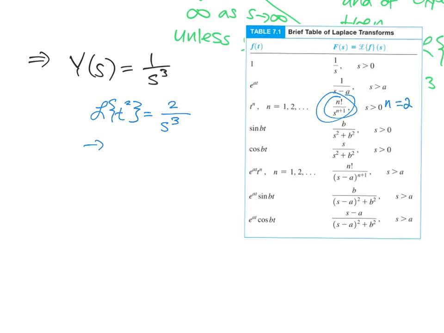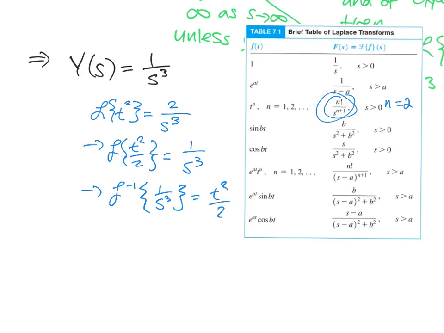So that means that if we get rid of that 2 over there, we get Laplace of t squared over 2 equals 1 over s cubed. And so that means that the Laplace inverse of 1 over s cubed equals t squared over 2, which is exactly what we're looking for.